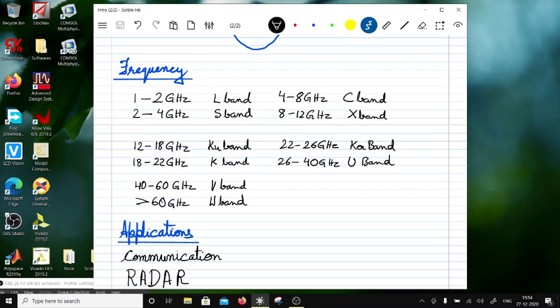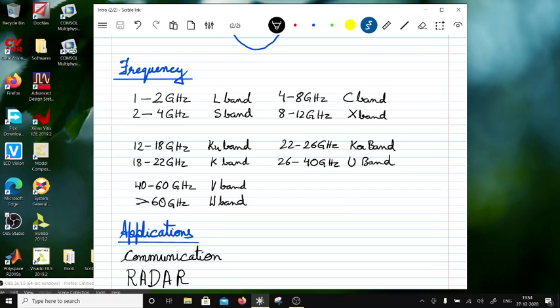For example, 1 to 2 gigahertz is L band, 2 to 4 is S band, 4 to 8 is C band, 8 to 12 is X band, 12 to 18 is Ku band, 18 to 22 is K band, 22 to 26 is Ka band, 26 to 40 is Q band, 40 to 60 is around V band, and anything above 50 going up to 100 gigahertz is W band.